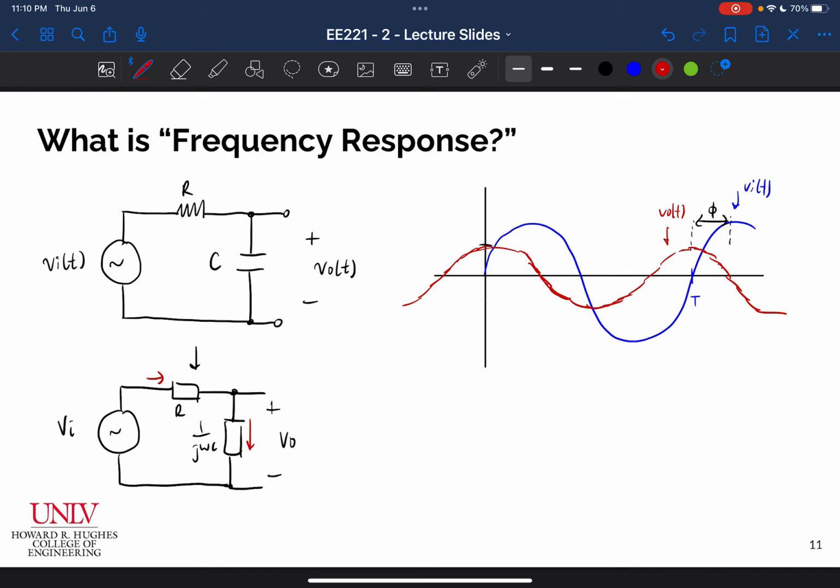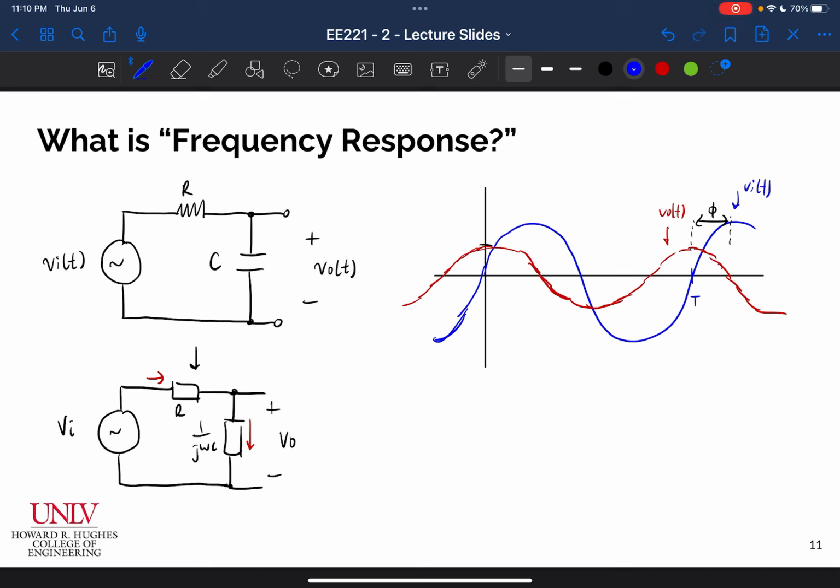The things that are changing are the magnitude and the phase of the signal. That's what we talked about with phasors. And we can see that here, the two signals are at the same frequency. Well, I did my best to draw that, but I didn't do a great job.